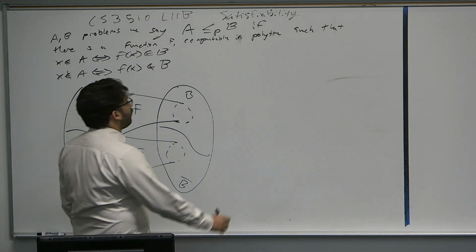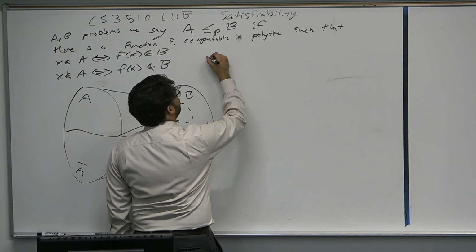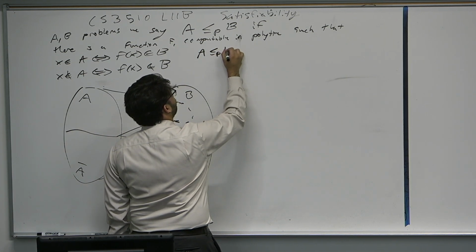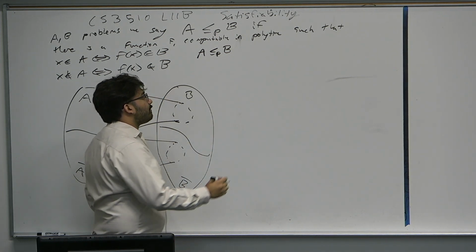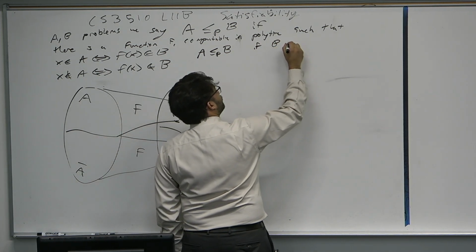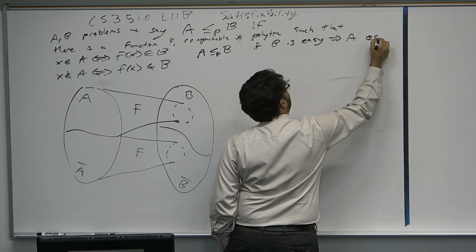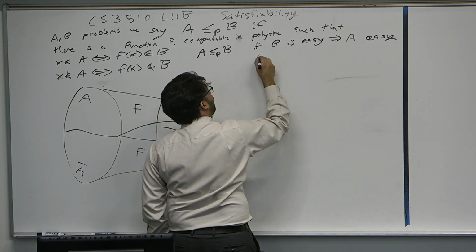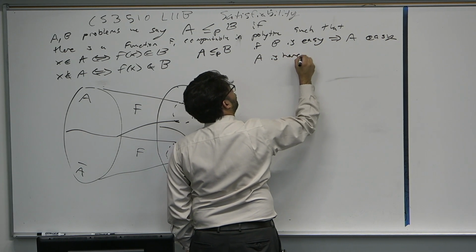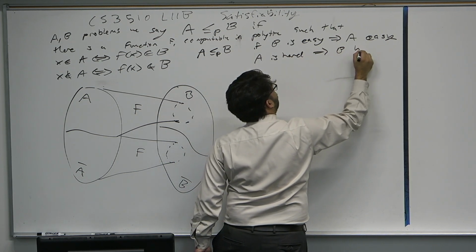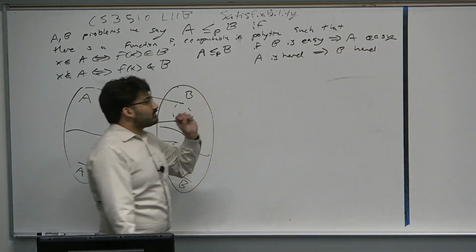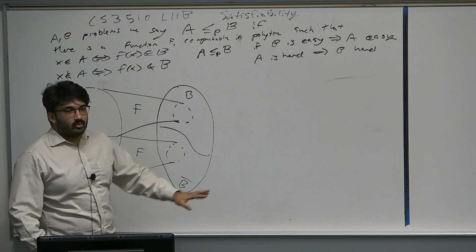So let's prove the following. Let's suppose we have a reduction from A to B. The way to think about this is if B is easy, that implies that A is easy. Equivalently, if A is hard, then B should be hard, in the sense that B is over there, it's rightward of A. We're comparing problems.